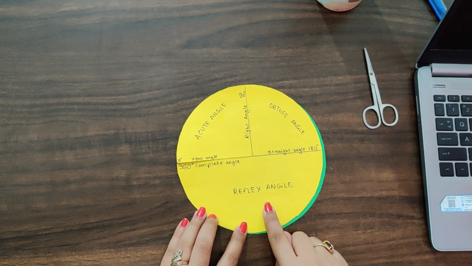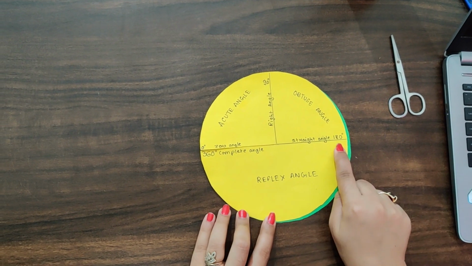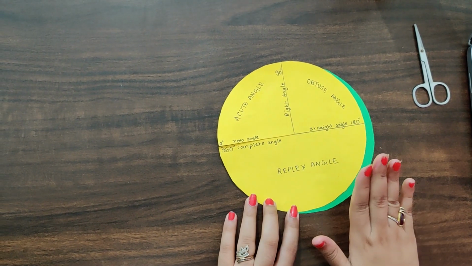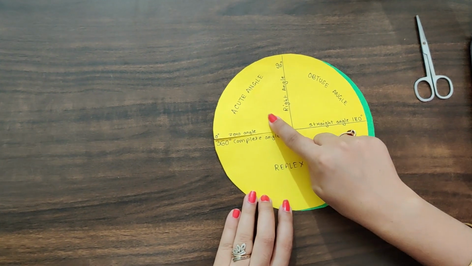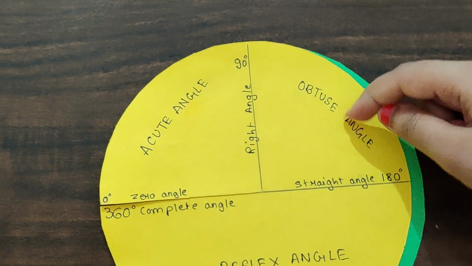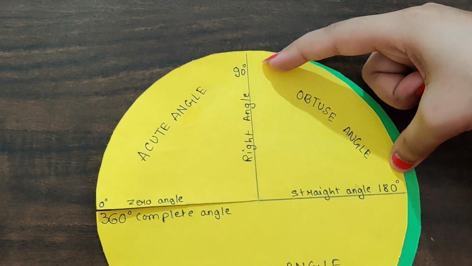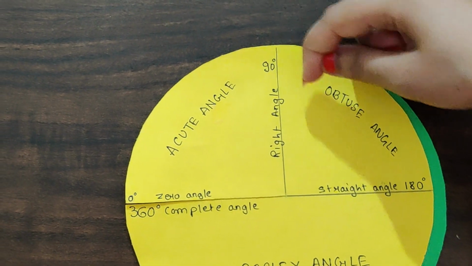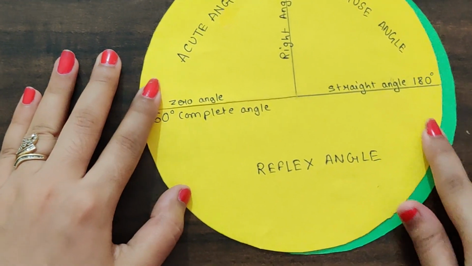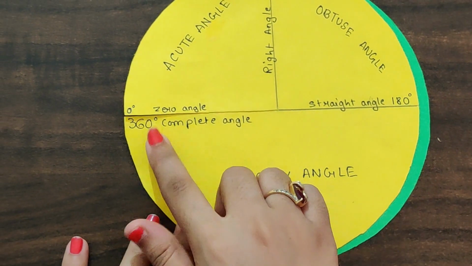What is a reflex angle? An angle which is greater than 180 degree and less than 360. If you observe here carefully, acute angle has a gap of only 0 till 90. Obtuse angle also has a gap of only 89 degree, from 90 to 180. But reflex angle has the biggest range, from 180 degree till 360 degree.